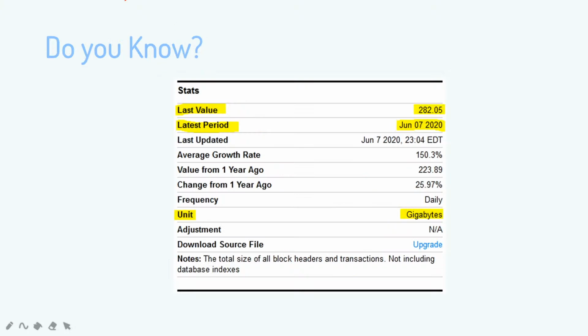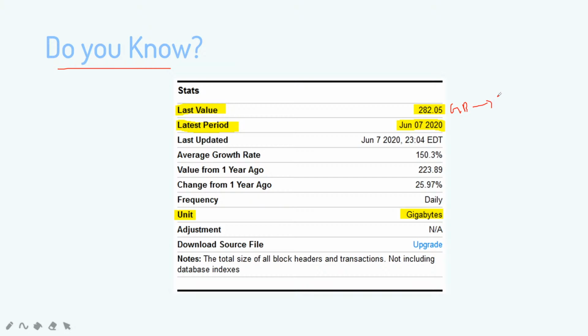So this is just general information. The last value is 282. 282 is nothing but GB, gigabytes. From June 2007 to June 7, 2020, we have 282 GB of blockchain data, that is block headers and transactions.